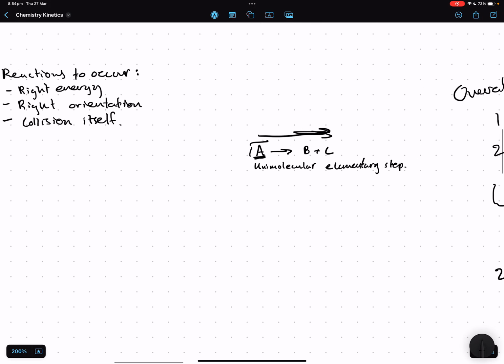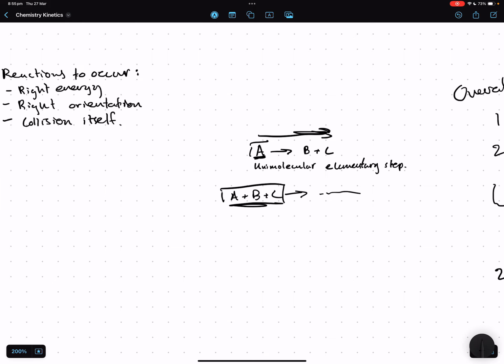Trimolecular is very rare, because you'd have to have A plus B plus C turn into whatever it is. Three molecules colliding at the same time, with the right orientation and the right energy, is very unlikely. And then quadrimolecular, what are you going to do, four particles all at the same time?